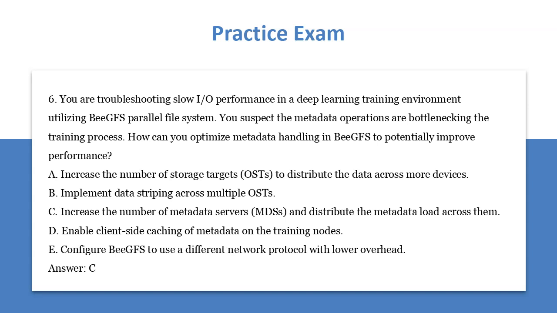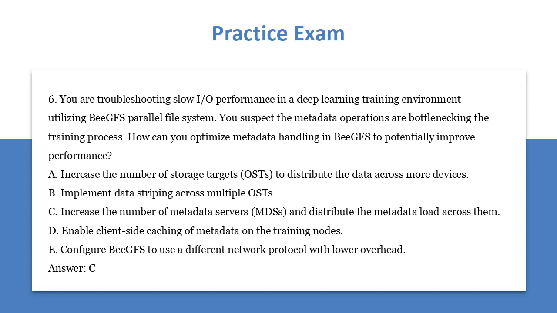6. You are troubleshooting slow I/O performance in a deep learning training environment, utilizing BeeGFS parallel file system. You suspect the metadata operations are bottlenecking the training process. How can you optimize metadata handling in BeeGFS to potentially improve performance? A. Increase the number of storage targets, OSTs, to distribute the data across more devices.